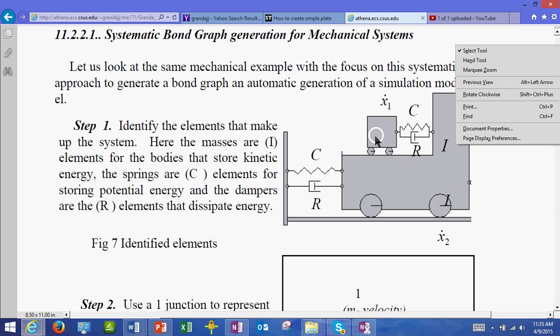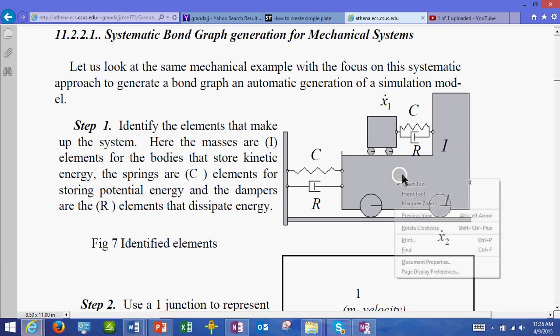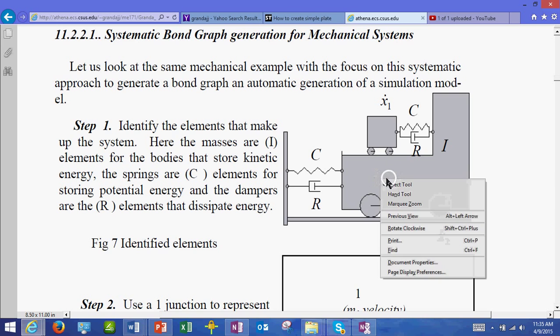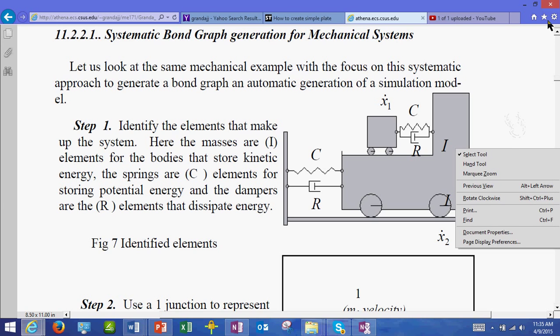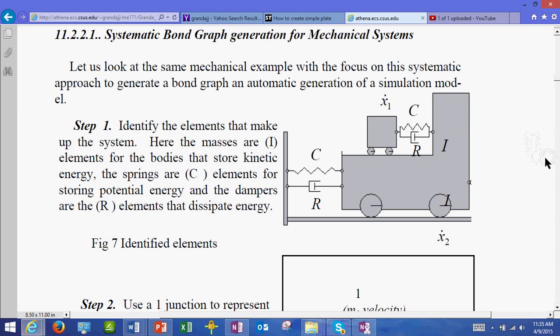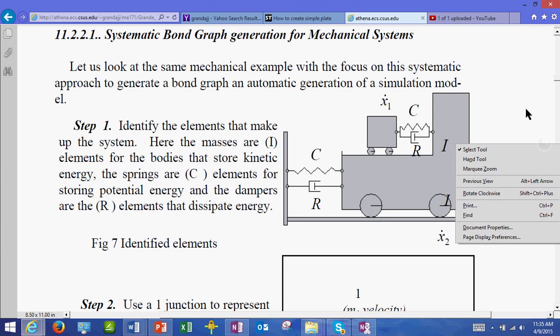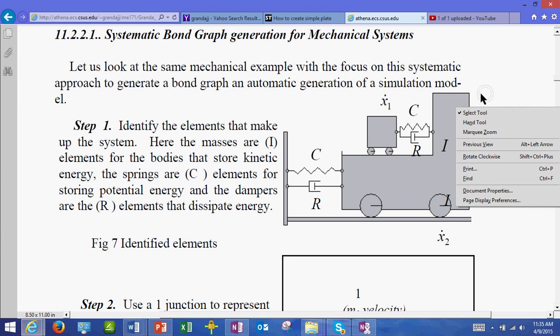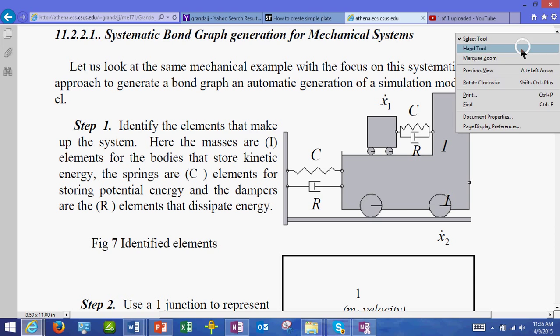So this would be an I element, this would be a C, an R element, and so we recognize the different kinds of elements that we have in there. So we have these different elements.